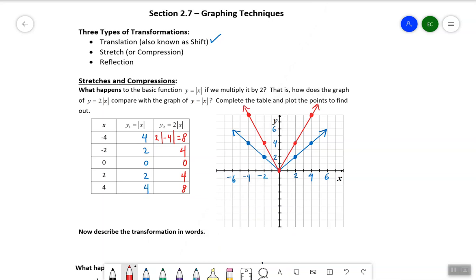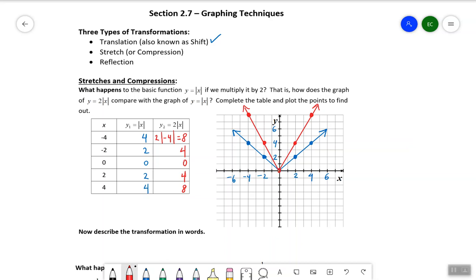Okay, we have the graph. How would we describe this transformation in words? Well, we could say that this is a vertical stretch. If we look in the vertical direction, the points on the original graph got stretched away from the x-axis, got pulled away from the x-axis.